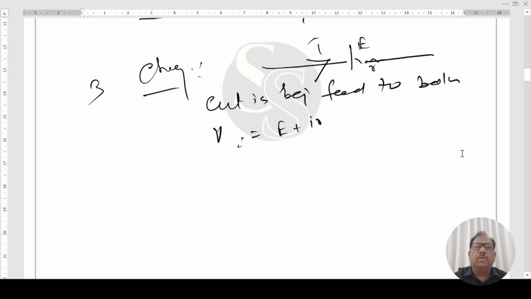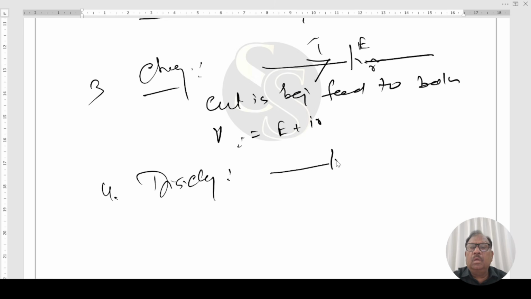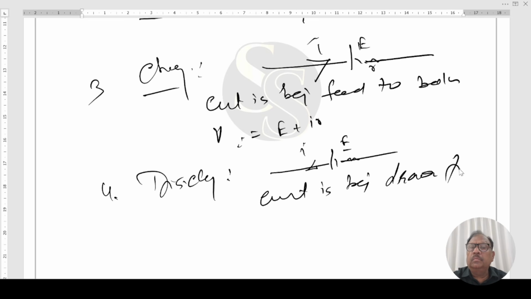What is discharging? Discharging is when current is being drawn from the battery.